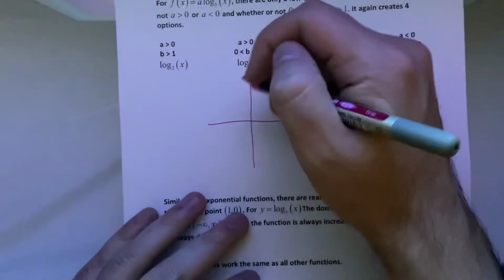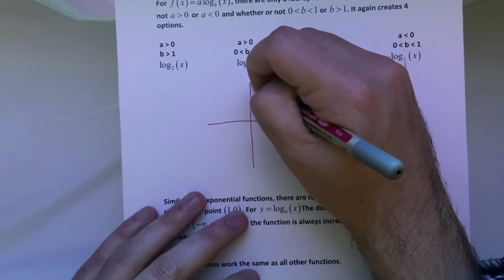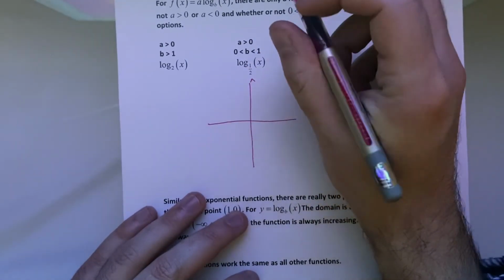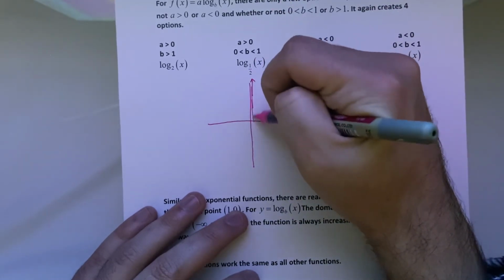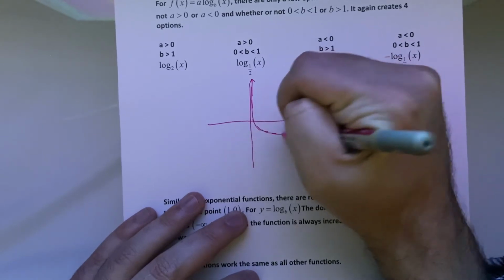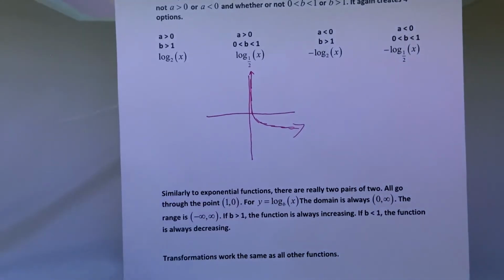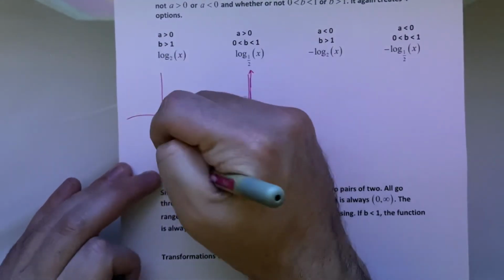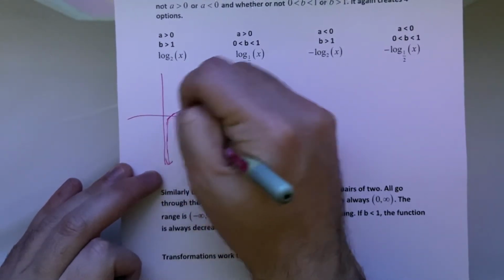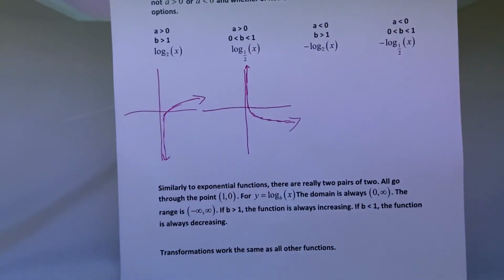So this thing ends up looking like this. It's a reflection. So besides the one we just saw, there is this. So these are the only two ways it can look.